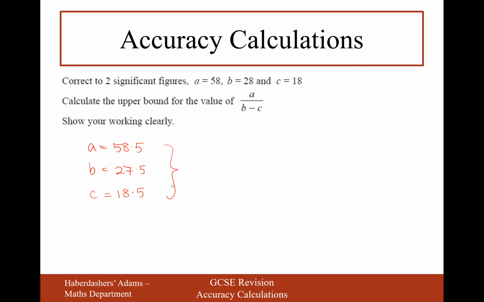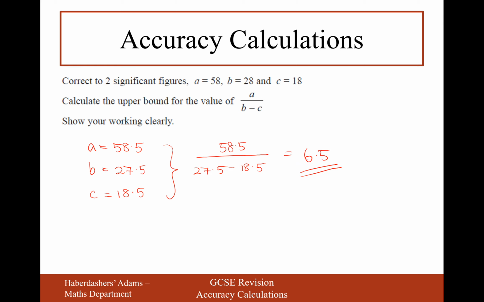So the value of this is going to be 58.5 divided by 27.5 minus 18.5. Let's grab the calculator: 58.5 divided by 27.5 minus 18.5 equals 6.5.